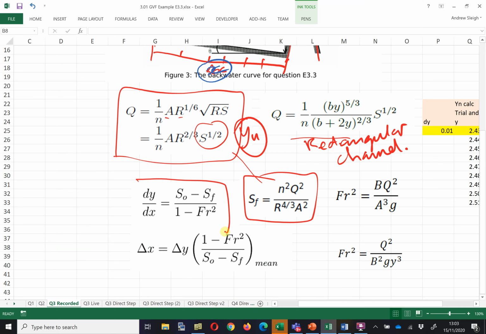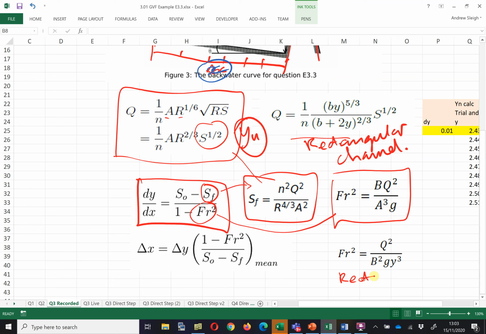The main equation that we're integrating is this equation, and we know we've got to have SF. When we calculate SF from this equation, we need to calculate the Froude number squared, and the Froude number squared is this equation. I've also written it down here for a rectangular channel.